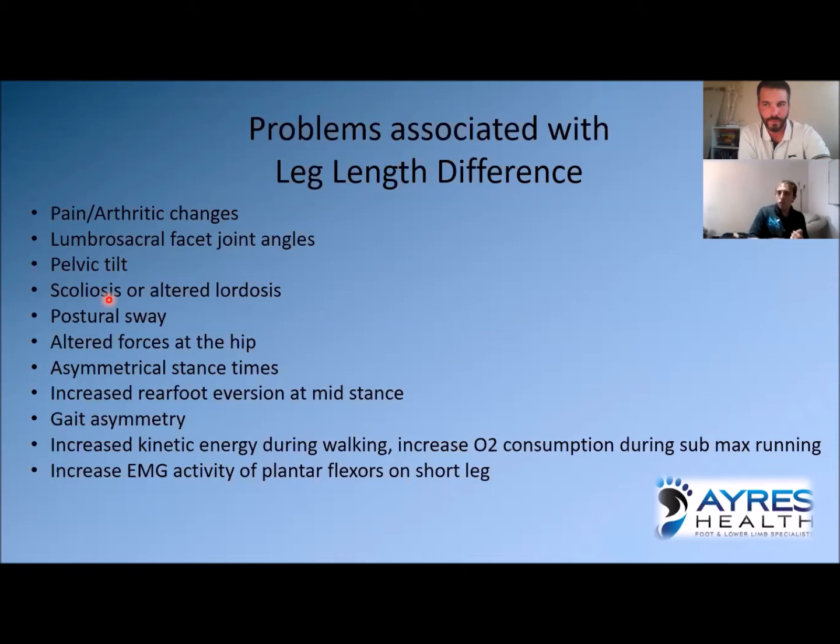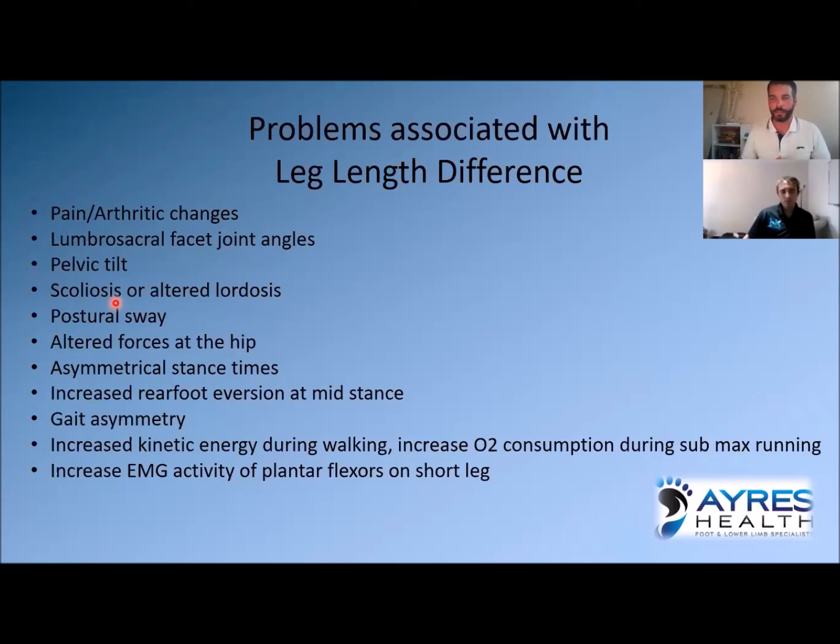So if a lot of the research is just speaking about the mechanical effects, and that's what's been put out there, is that why a lot of the conversations are around that? I think quite likely, because they find an increased postural sway or an increased pelvic tilt in somebody with a limb length difference, and that's their big finding.